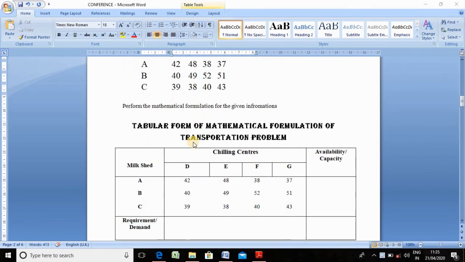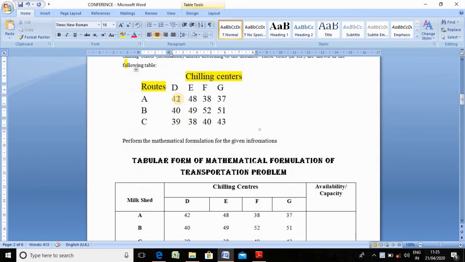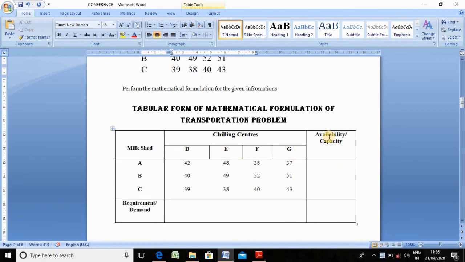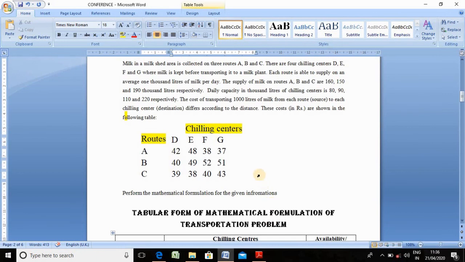The final tabular form of the mathematical formulation of the transportation problem for this given information is this. I have inserted the data which was given in the problem: the origins are milkshed A, milkshed B, milkshed C, and the chilling centers D, E, F, G. Now look into the tabular form.